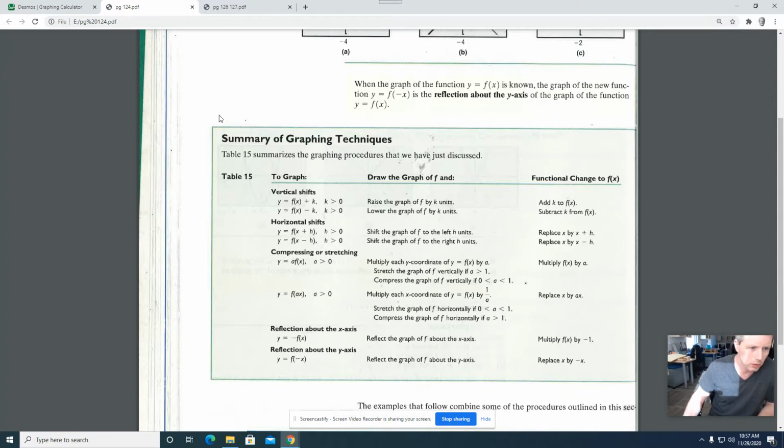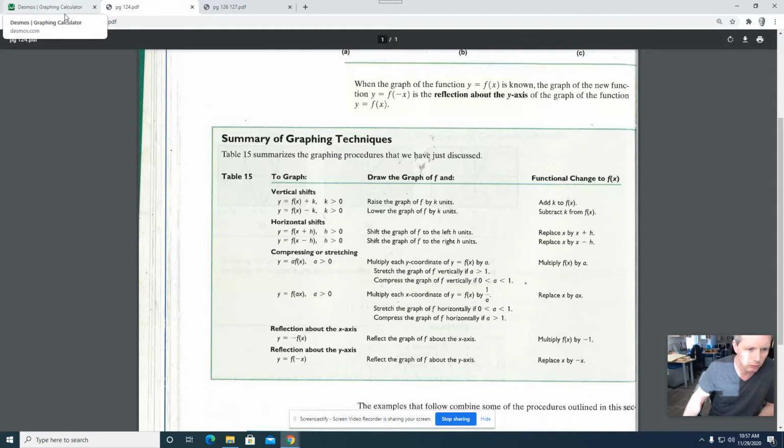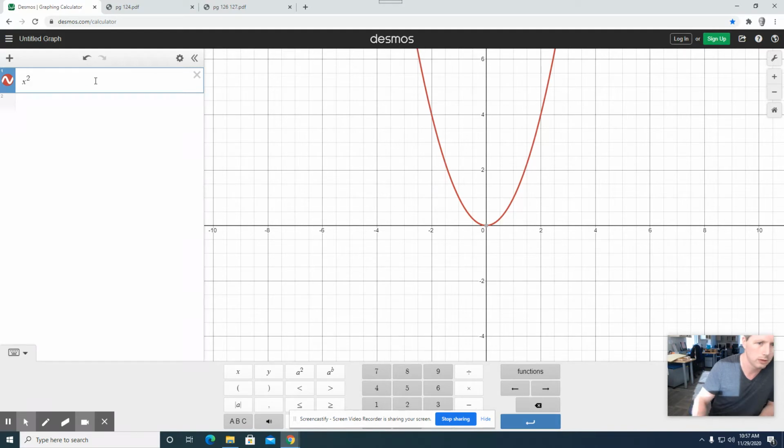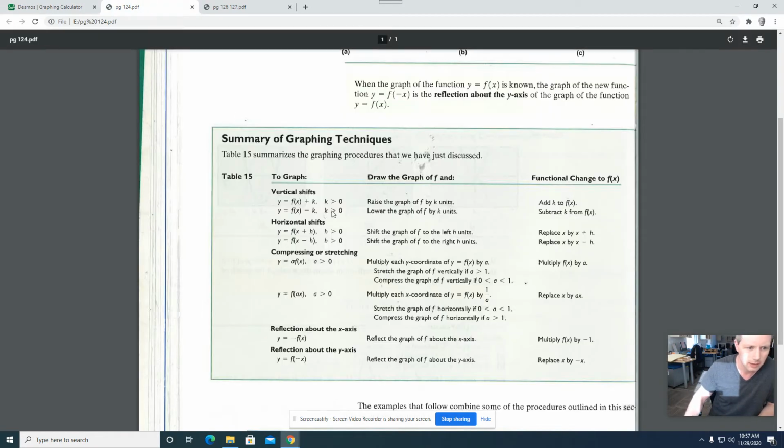If I want to shift my graph left or right, what we call horizontal shifts, then I will replace the x value of my function by x plus h if I want to shift the graph to the left, and x minus h if I want to shift my graph to the right.